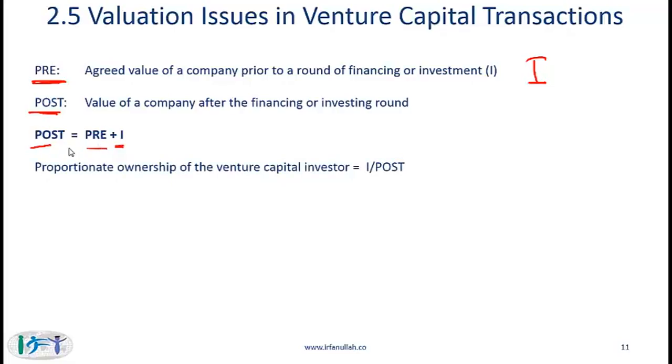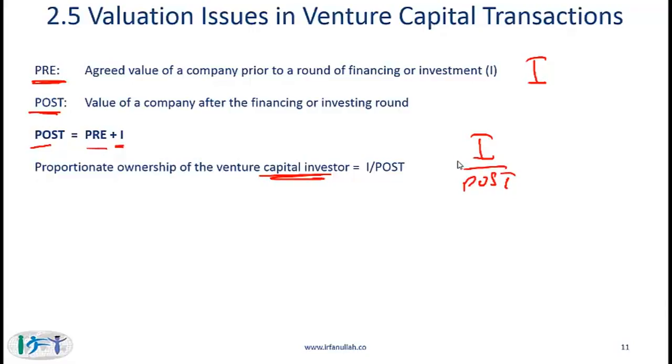The reason we need to understand this is if you have a small company, which is, let's say, owned by the founders, and then some outside private equity firm makes an investment, do the founders and the outside investor need to agree who owns what fraction of the company? Obviously, they need to agree who owns what fraction. So the proportionate ownership of the venture capital investor is equal to I over post.